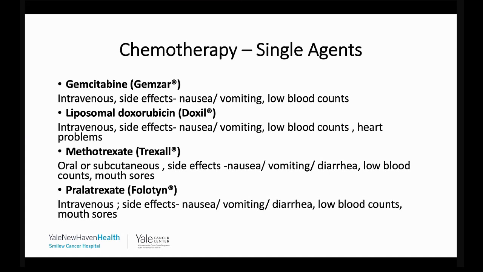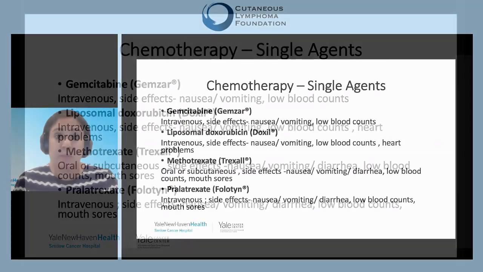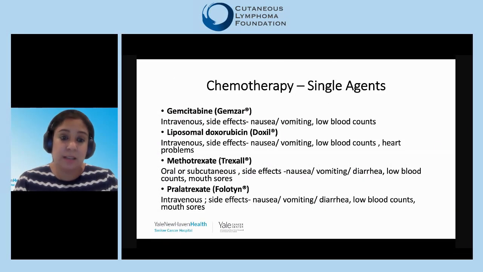The more potent, or in a way a little bit stronger, form of methotrexate is pralatrexate. This one is given through the vein. Again, it can cause similar side effects. We use this in the different forms of T-cell lymphoma, and the doses that we use for CTCL are lower than what we would use for some other more aggressive forms of T-cell lymphoma.